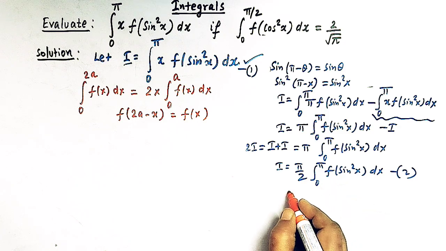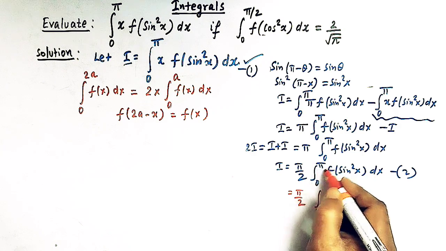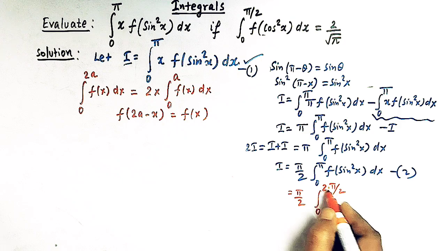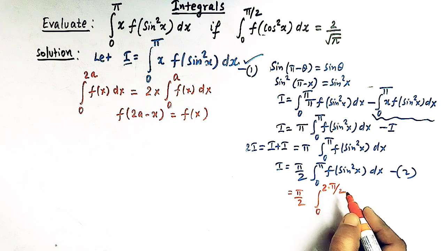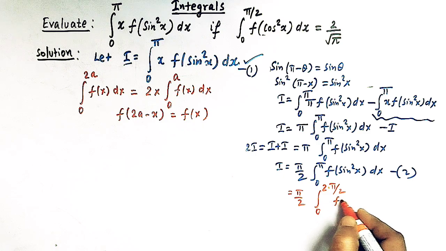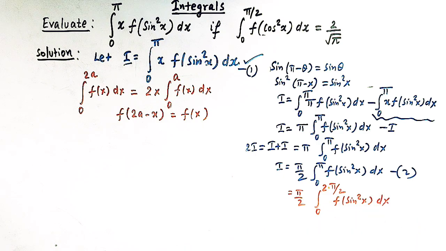So let us write this integral as 0 to, here we have pi, so we can write 2 times pi by 2, because this 2 and this 2 get cancelled, and we are again left with pi, and here we have f of sine square x dx, right?